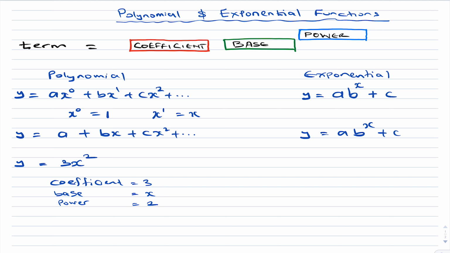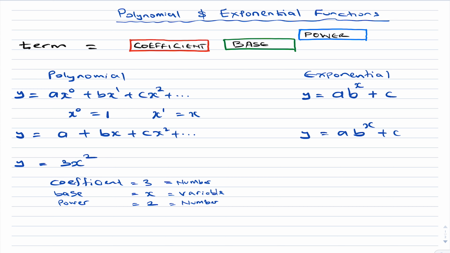So you can see a polynomial has a number as its coefficient, and it has a variable as the base always, and a number as the power.